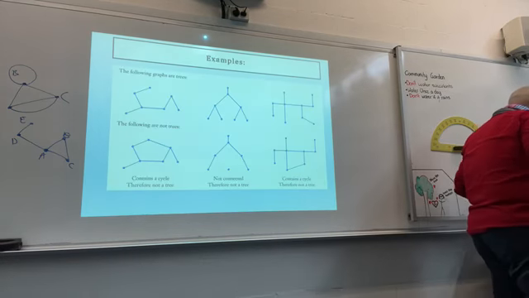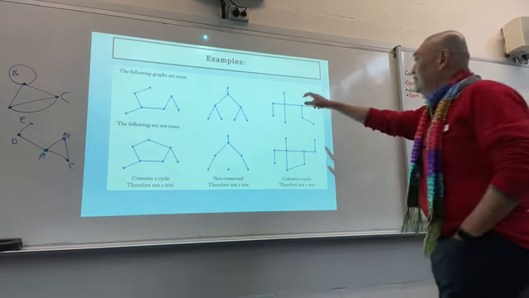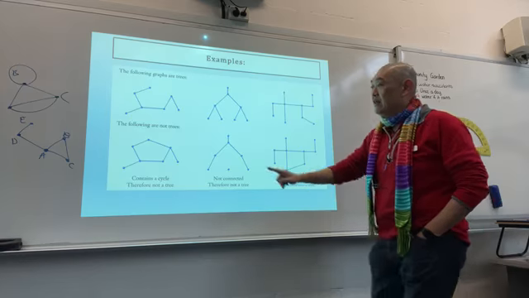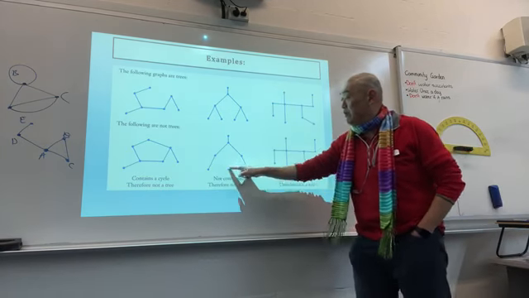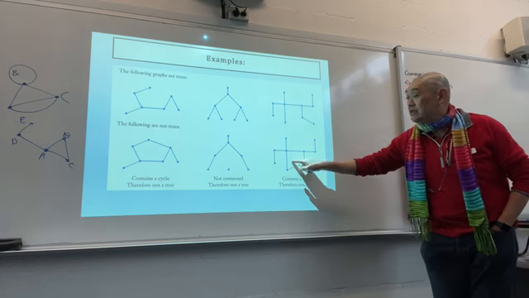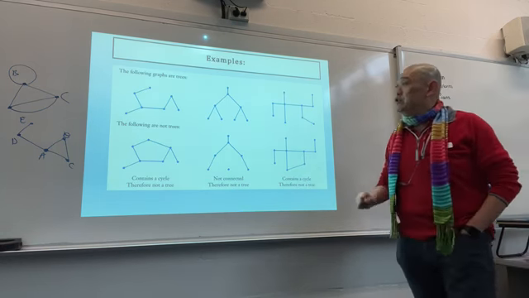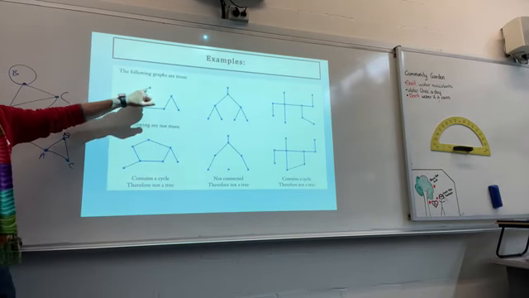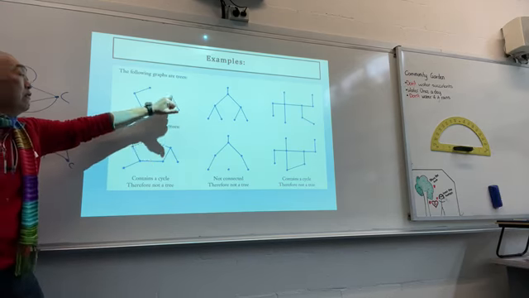So now, let's have a look at what a tree is. These are trees. This is not a tree because there's a cycle. This is not a tree because it's not connected. This again, there's a cycle, therefore it is not a tree. So a tree, basically, has a unique path only between the vertices.